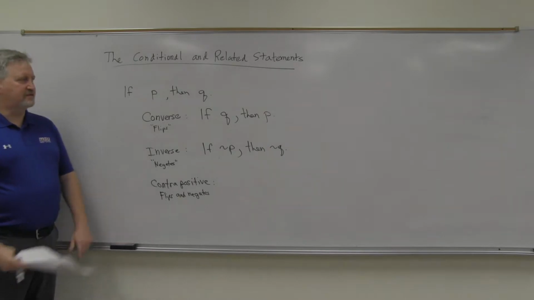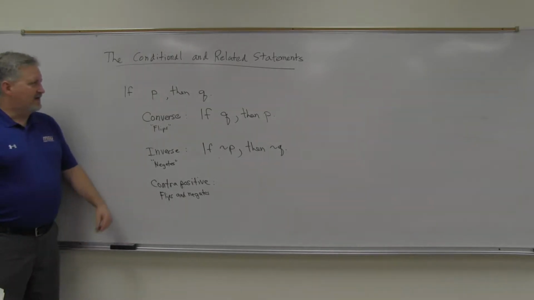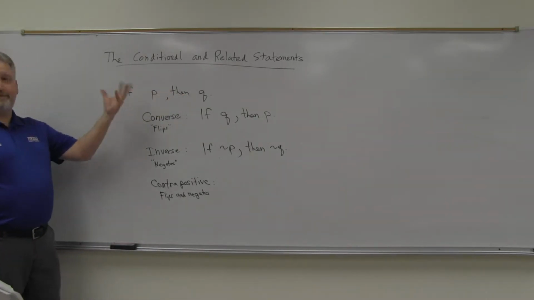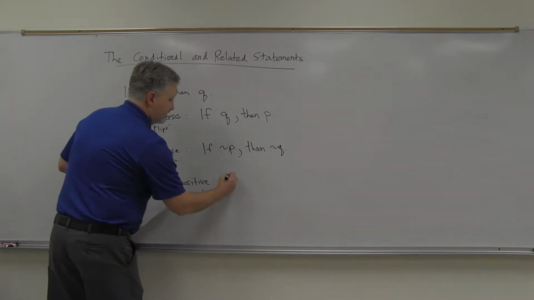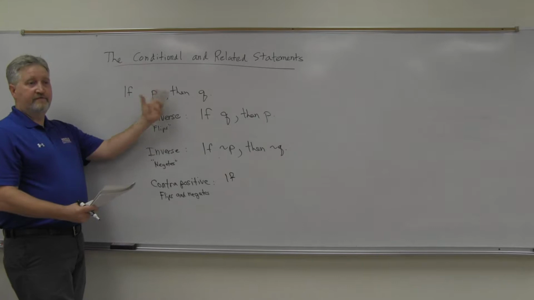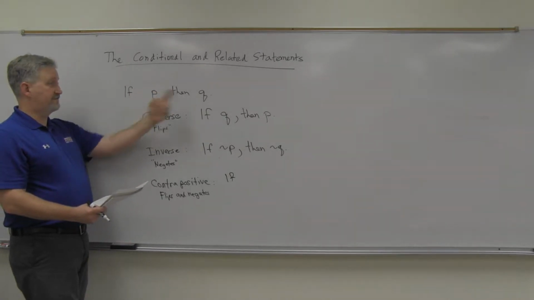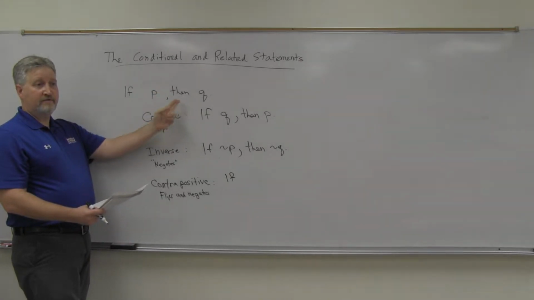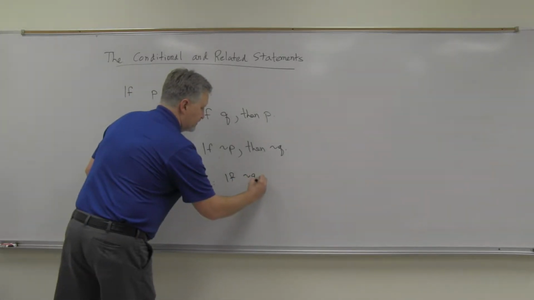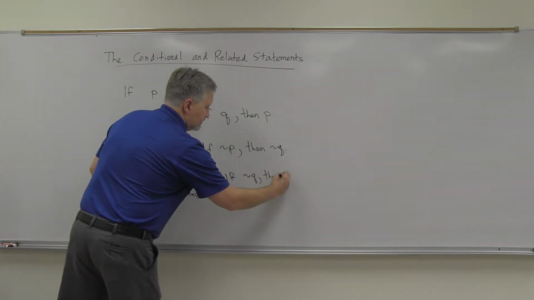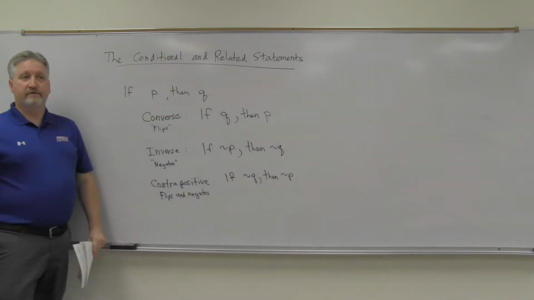So it makes it easier. All right, so I'm going to take this statement, I'm going to flip it and negate it. So what would that be? If, flip and negate, so if not Q, then not P. Okay?